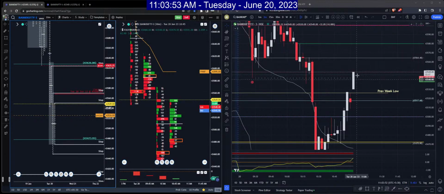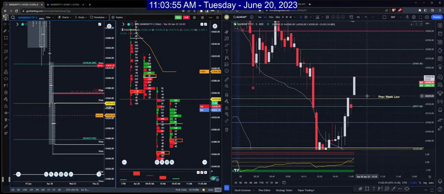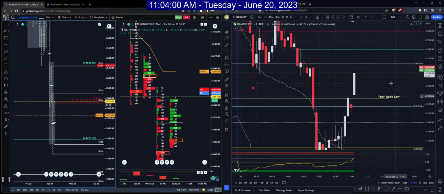So nice short covering move is being seen now. We have this gap which is not yet filled. So we are back within the previous week's low.